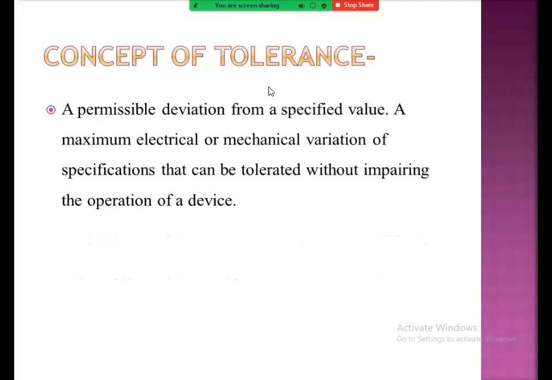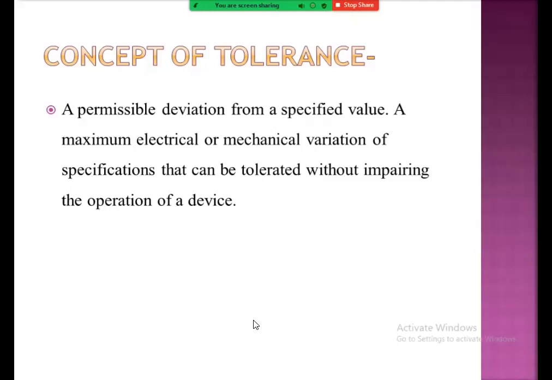So what is tolerance? It is the permissible limit, or you can call it a permissible deviation from a specified value. Suppose the rated speed given for a particular machine is 1500 rpm, there may be some plus minus tolerance. There may be tolerances in the frequency also.